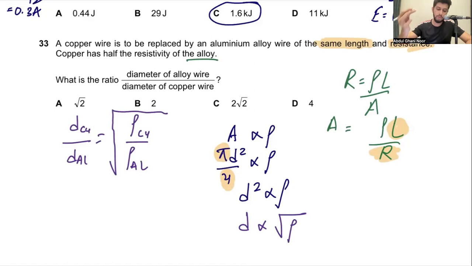What have they told us about the resistivity? Copper has half the resistivity of the alloy. So let's say copper has a resistivity of rho. Alloy will have a resistivity of 2 rho. And this is alloy over copper, not copper over alloy.